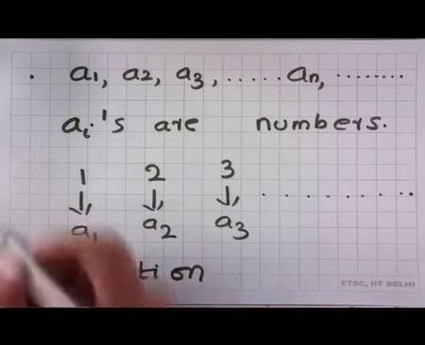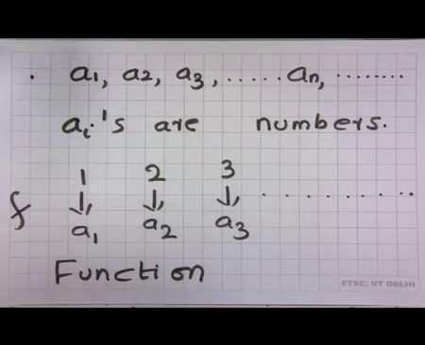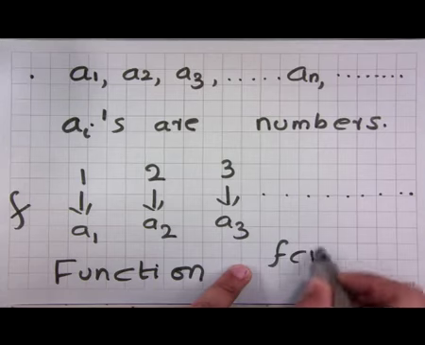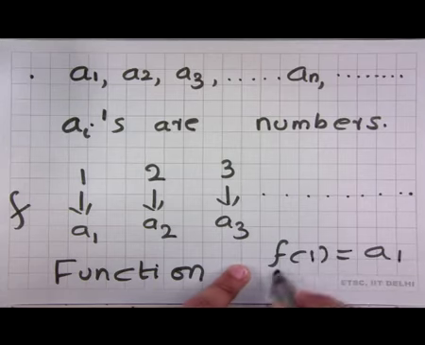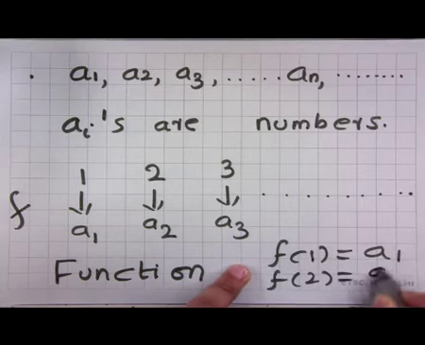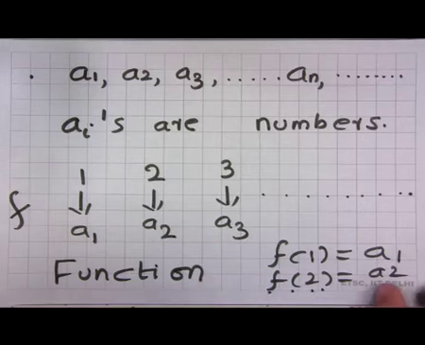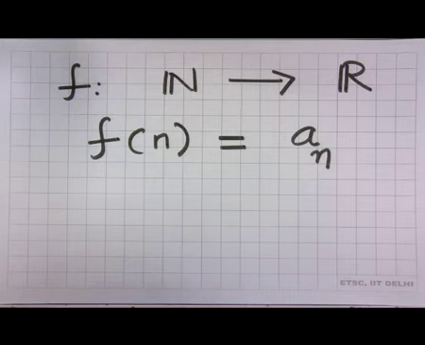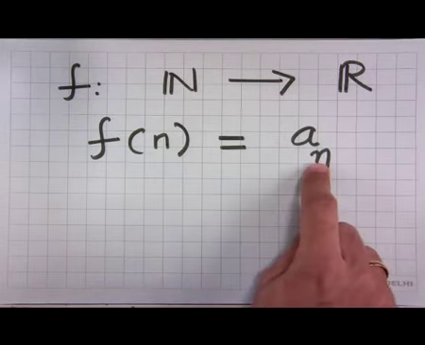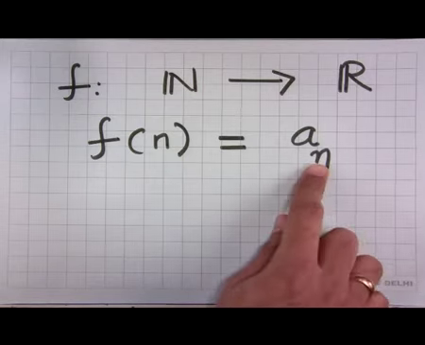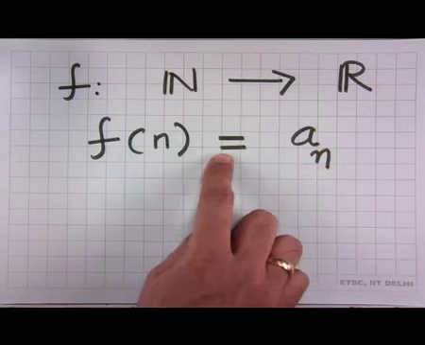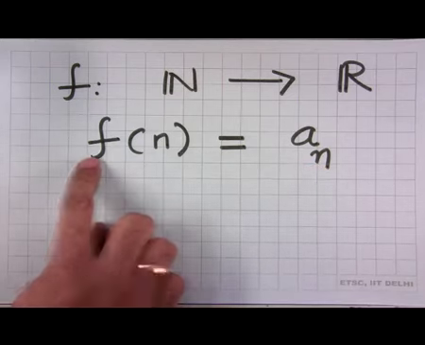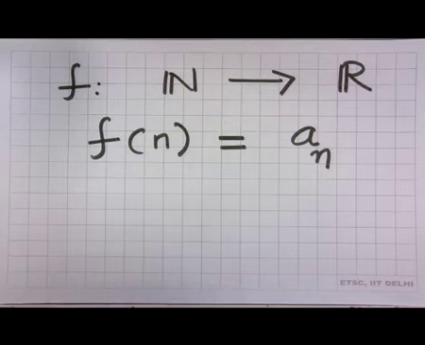If that inherent function is named as f, f of 1 is a1, f of 2 is a2 and so on. The number an we list in nth place of a sequence is actually the function evaluated at n.